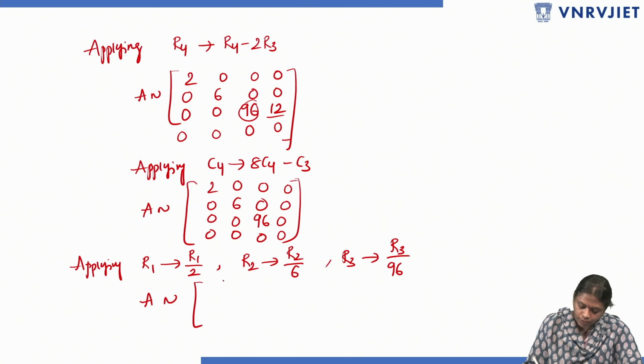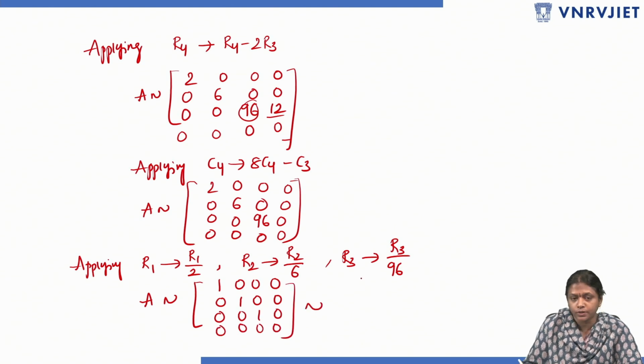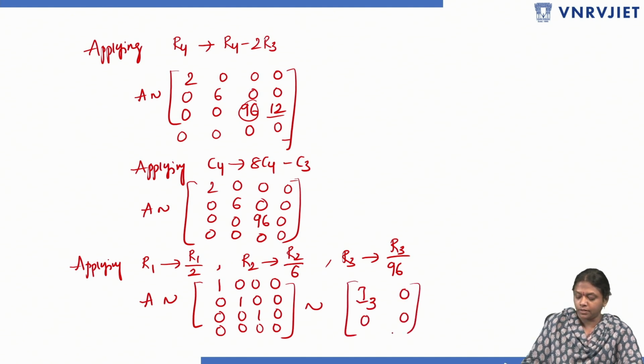So this is approximately equal to 1, 0, 0, 0, 0, 1, 0, 0, 0, 0, 1, 0 and all the rest 0. So what is the order of this matrix here? Identity matrix of order 3 by 3. So if this is the matrix of order 3 by 3, now what is the rank of this matrix going to become? So now I can write this in normal form.